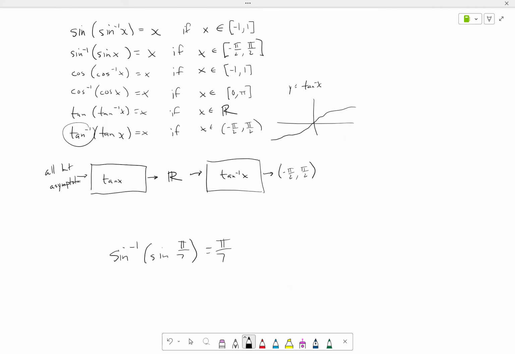It's a really friendly angle. How about if we have sine inverse of sine of 4 pi over 7? Do these cancel? No, it doesn't. The output needs to be between negative pi over 2 and pi over 2. So we need to analyze a little bit. Could you figure out what this is equal to?